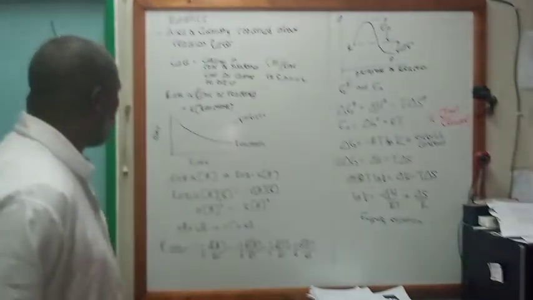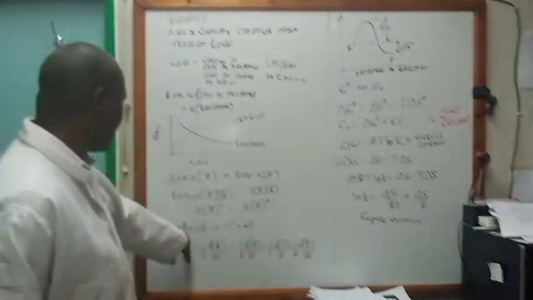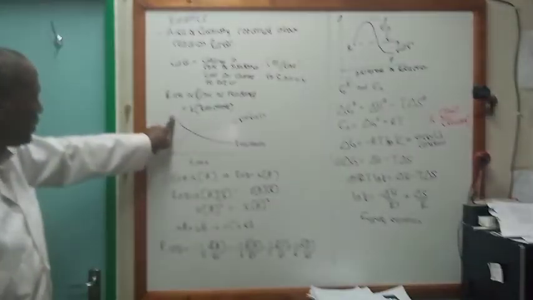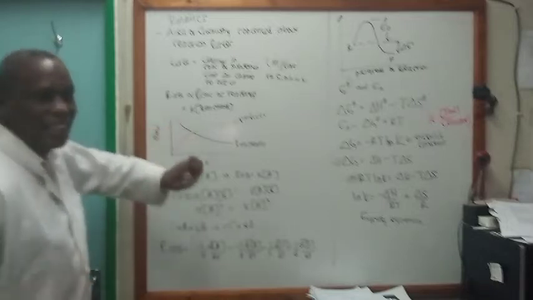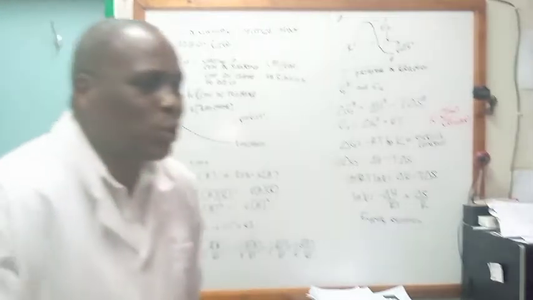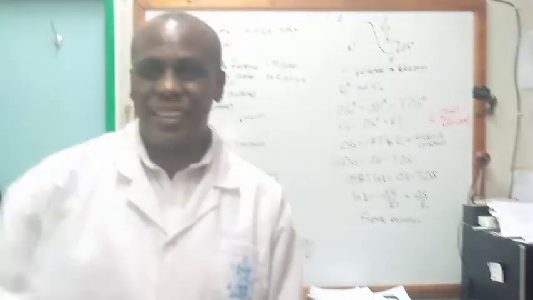Let us see what is happening to the starting materials, that is A and B. Can you see from this graph? If these are the reactants, they are decreasing. So the rate will be said to be the final minus the initial.